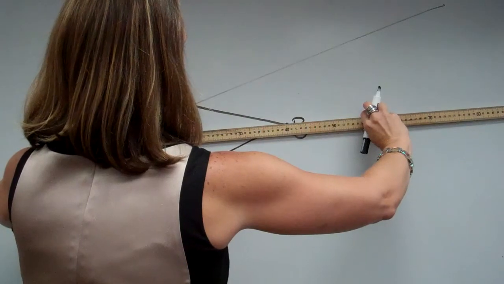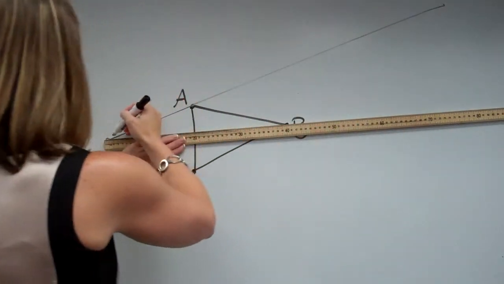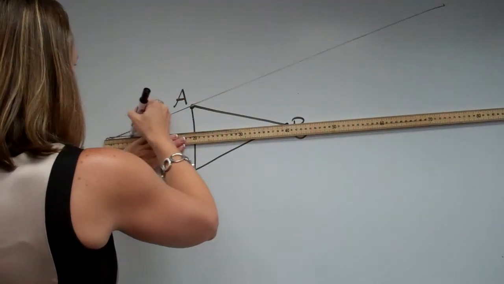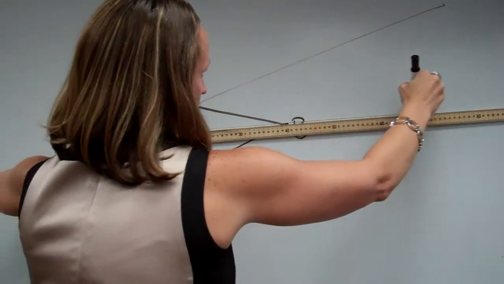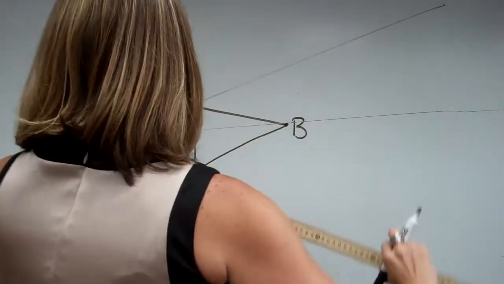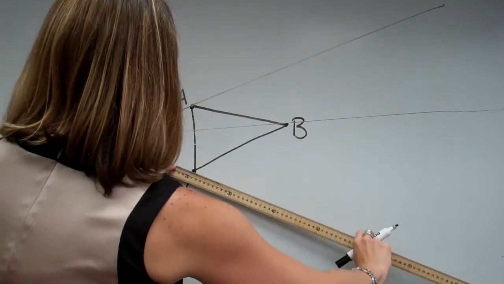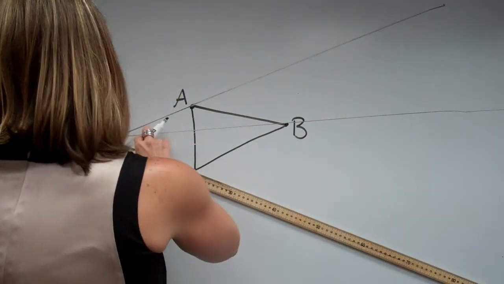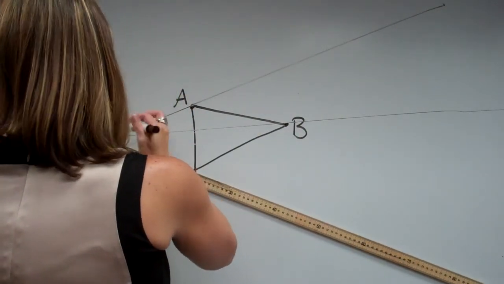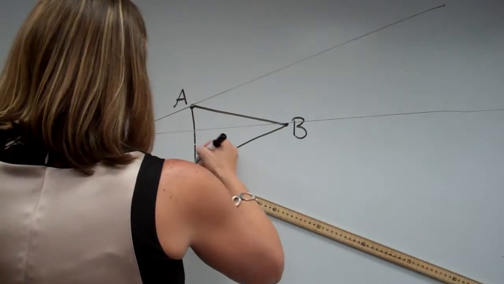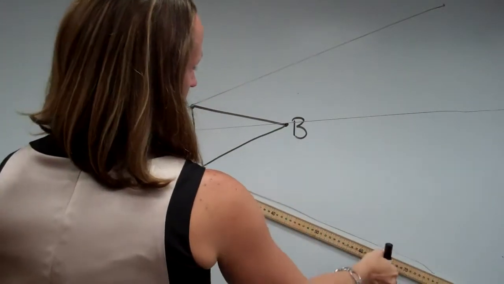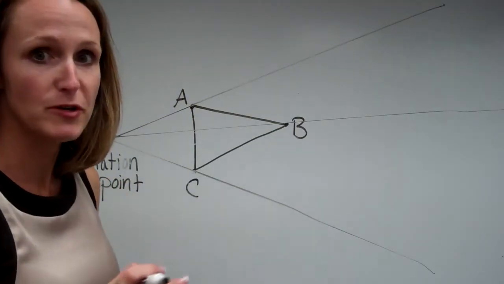Now, I'm actually just drawing lines from the dilation point through each of the vertices, so that I can then go back and measure the distance. Hopefully your lines are straighter than mine.